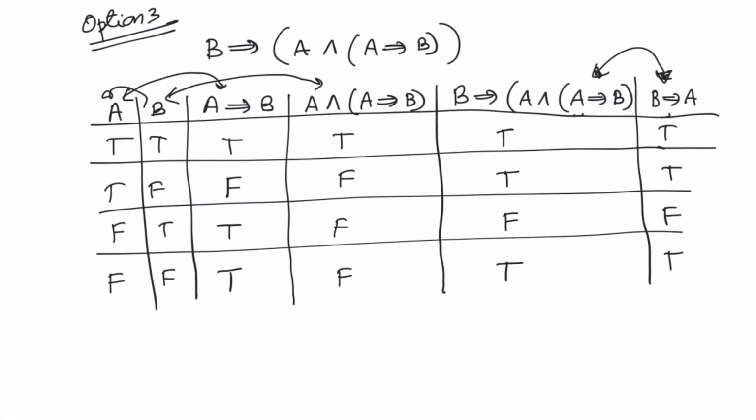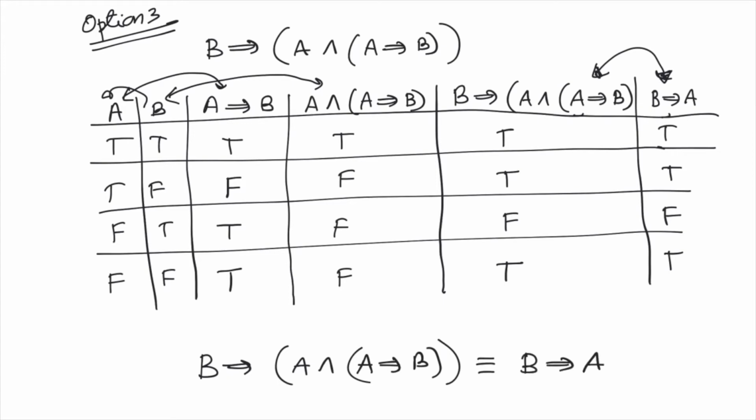Now we have seen, using truth tables, that B implies A and A implies B is equivalent to B implies A. So that is one approach. And in the second approach, you can use algebra.